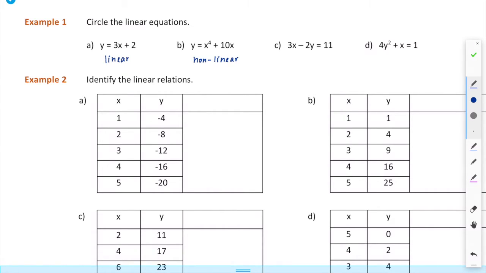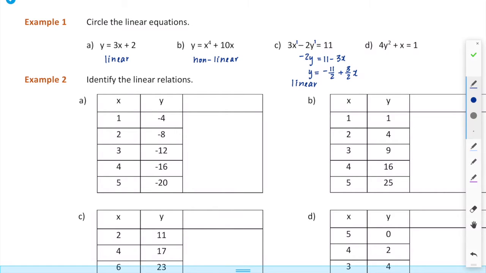So basically, if I rearrange this, and then I divide everything by -2, I will still get this form, or you can rearrange it to say you have 3 over 2 x minus 11 over 2. Either way, this is still a linear relation, right? Because the degree of y is 1. This is also 1 here, okay?